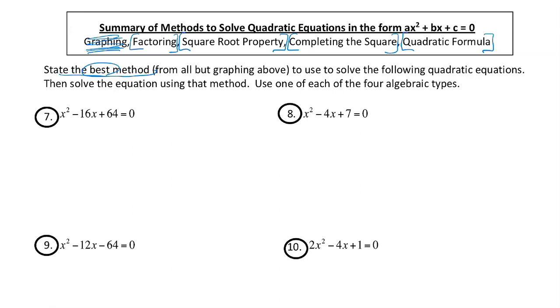So I'd like to talk through how to determine what you might be looking for to determine should I factor or do the square root or complete the square or use the quadratic formula. And then as a try this, you'll be able to solve each of these on your own. So something to look for, we'll start with the square root property, is: are there any perfect square trinomials? A perfect square trinomial is your constant, like this first one.